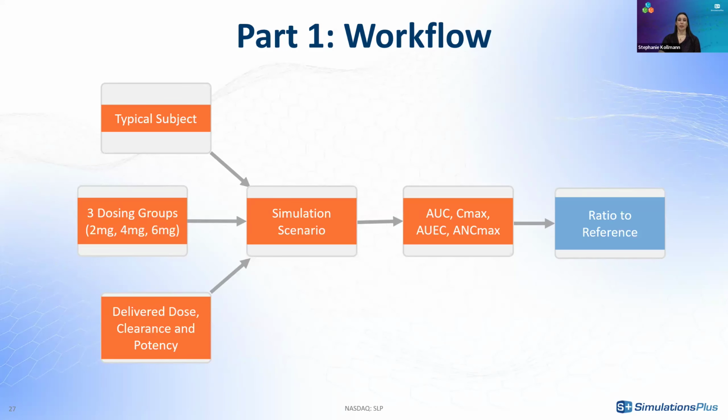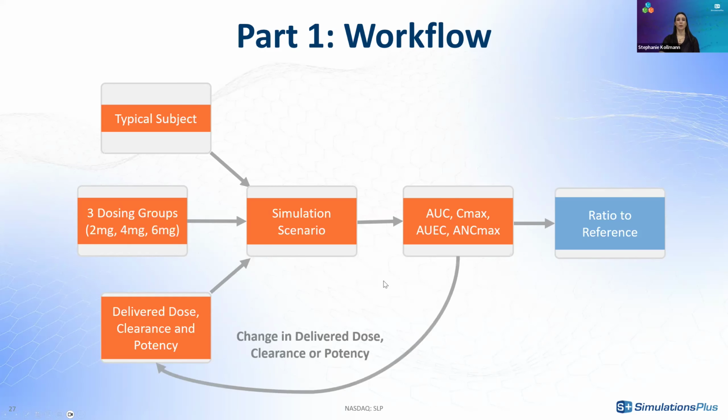This is a visualization of the workflow. We used a typical subject and simulated 3 fixed dose levels, 2, 4, and 6 milligram. And for each dose group, we explored different scenarios by varying 1 parameter at a time. So either delivered dose, or clearance, or potency.